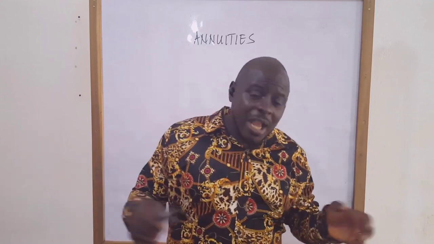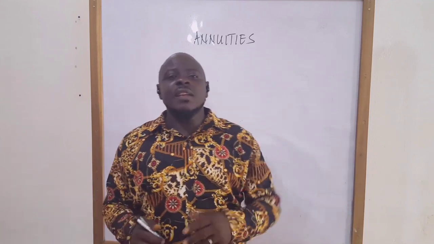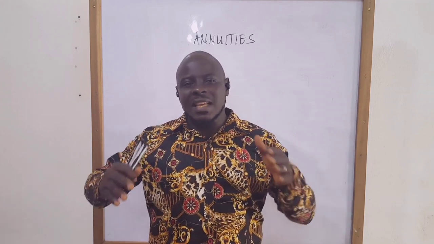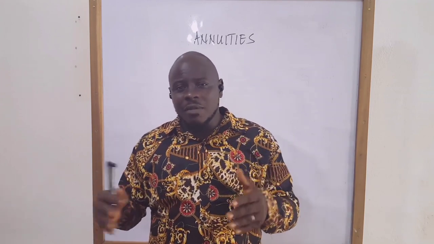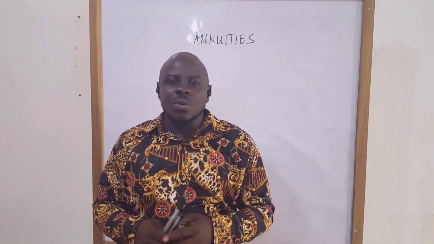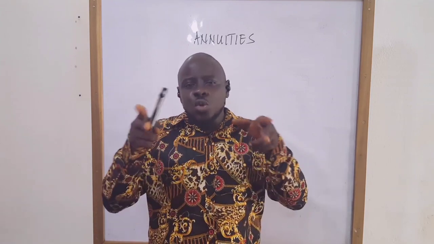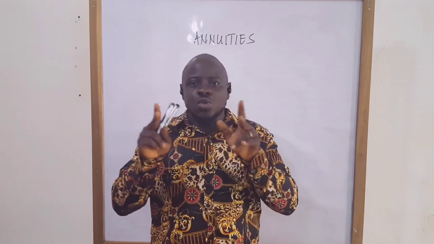Today in this video, we are going to see the various types of annuities and see how to calculate the present and the acquired value of an annuity. So, what are the various types of annuities? There are actually two groups of things that we use to define the types of annuities.